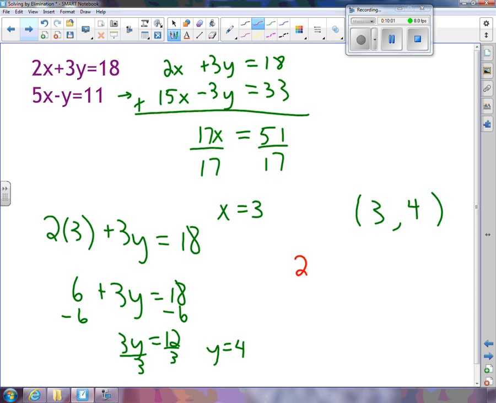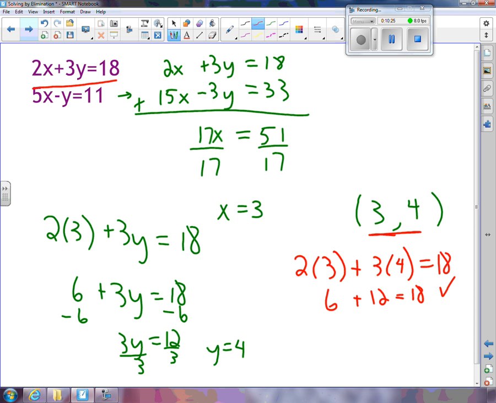So 2 times 3 plus 3 times 4 should equal 18. All I do is plug these values for this point into this top equation. So I get 6 plus 12 equals 18, and that's true.